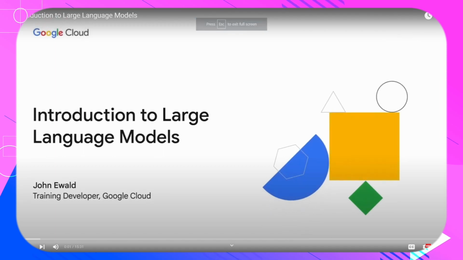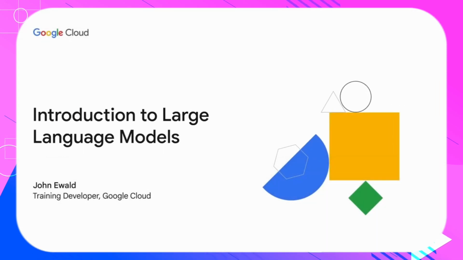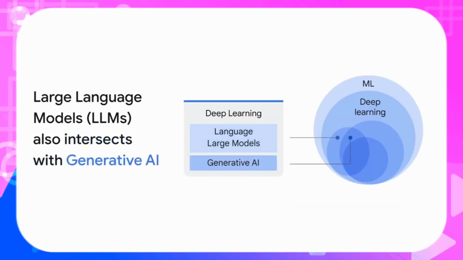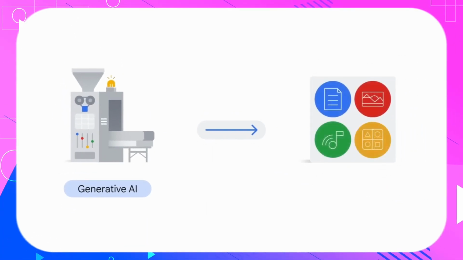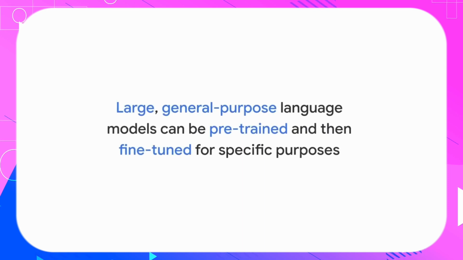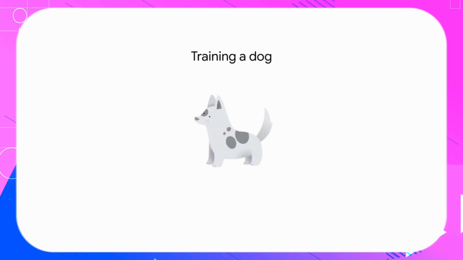The video is led by John Ewald, a training developer at Google Cloud. He explains how LLMs and generative AI work together. Generative AI is the tech that creates new content like text, images, audio, and synthetic data. LLMs are like big brains, pre-trained and then fine-tuned for specific tasks.